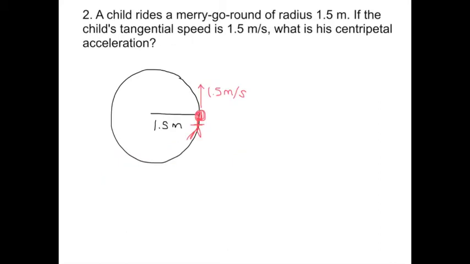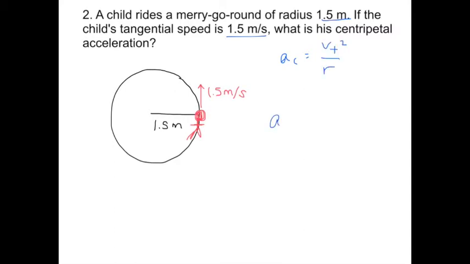Number 2. A child rides a merry-go-round of radius 1.5 meters. If the child's tangential speed is 1.5 meters per second, what is his centripetal acceleration? So this time we know the radius and we know the tangential velocity, and we're solving for acceleration. So we'll use the same equation, which is centripetal acceleration equals tangential velocity squared divided by r.